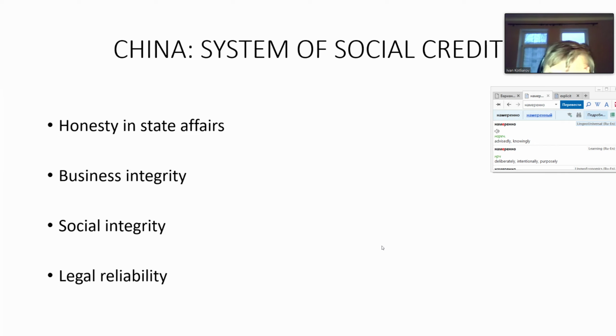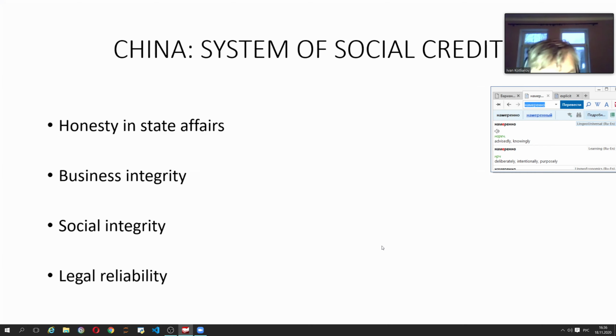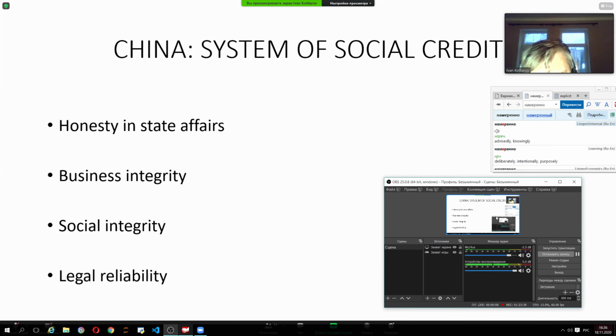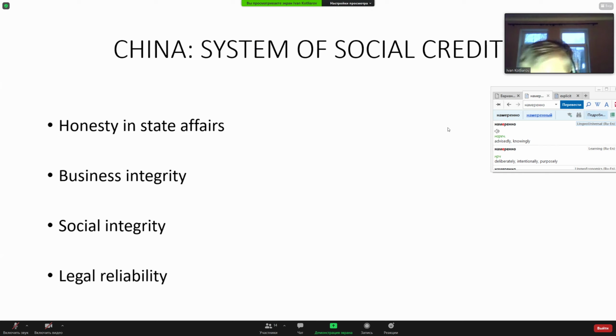So you should behave according to the social expectations. And legal reliability. So your ability to comply with the law, to carry out all judicial judgments, etc. So state affairs, business integrity, social integrity, and legal reliability. These four directions basically cover all aspects of human life, of civil life, I would say, and control over them could ensure a high level of stability, at least theoretically.